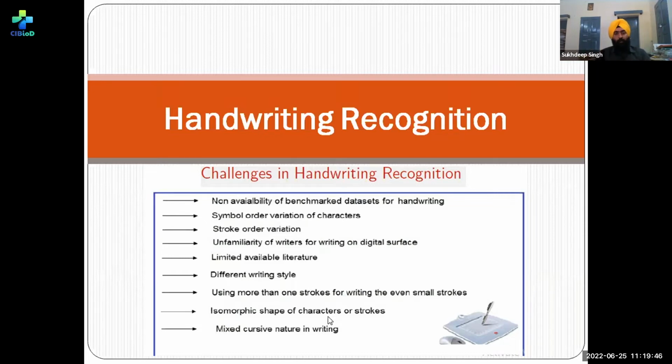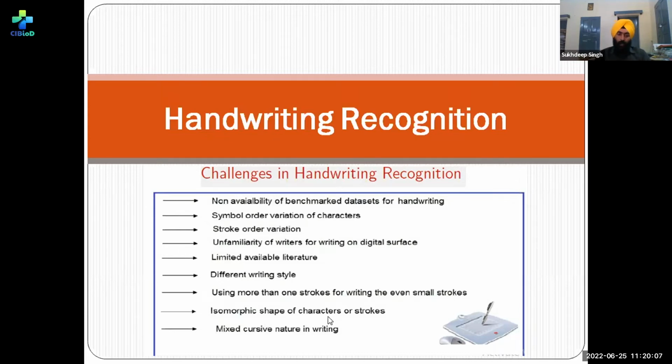In the case of handwritten text, there could be symbol order variation, and this also needs to be considered. Then in stroke order variation, the same character can be formed with different stroke orders. What is a stroke?